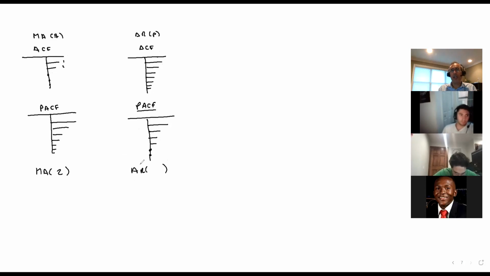And this is an AR what? 4. 4, because you look 1, 2, 3, 4, and then it goes to 0. Okay? Now, there is a mixture of models that is called ARMA(p,q).